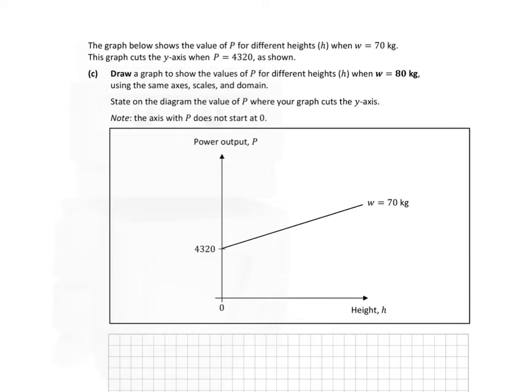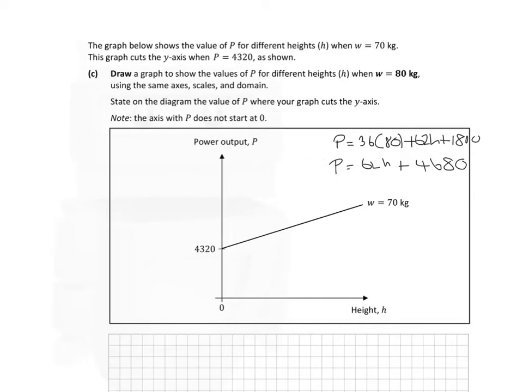Okay, so what we need to do is go back to the formula, and this time we're going to sub in 80 for W. So we'll have P is equal to 36 times 80 plus 62H plus 1800. So P is equal to 62H, and when I multiply the others, I get 4,680. So we can see that on the x-axis, H is the x-axis in this case.